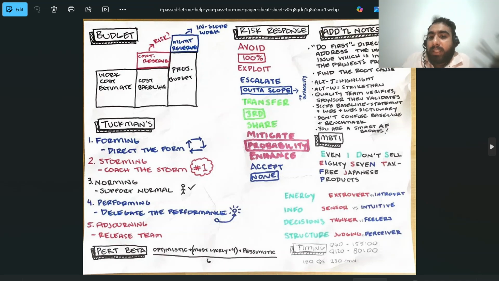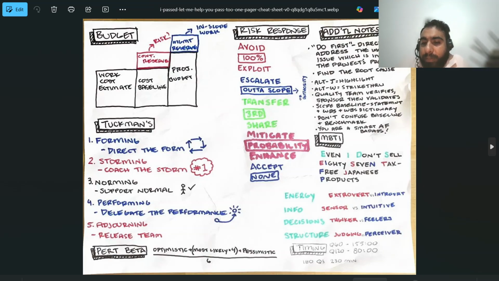So these are the MBTI. This is the Myers-Briggs technique, which helps us find out the behavior of our team, so that if any conflict happens, we can easily resolve it.